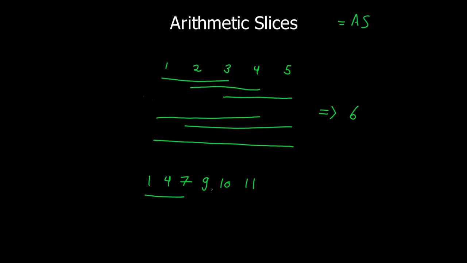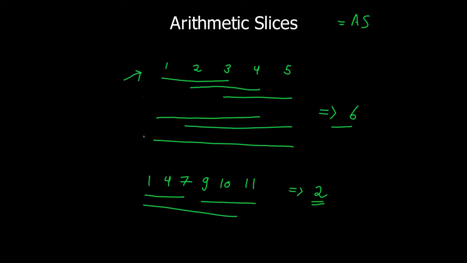And 4, 7, 9 is not an AS because the difference between these two elements is 3 and these two is 2. Then 7, 9 and 10, no luck there either. And then 9, 10, 11 is definitely an AS. So here we have two arithmetic slices, if I am correct. So that's the answer for this array.